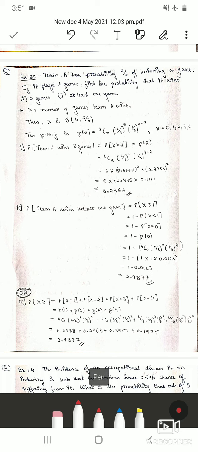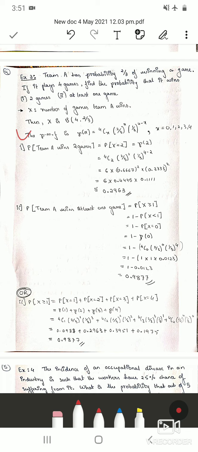So once you get the parameters, then the next step is to write the PMF. So the PMF of the binomial distribution is p of x, which is equal to 4cx into 2 by 3 raised to x and 1 by 3 raised to 4 minus x. And here the range of x is 0, 1, 2, 3, 4, because x ranges 0 to n and here n is 4, therefore x takes values 0, 1, 2, 3 and 4.